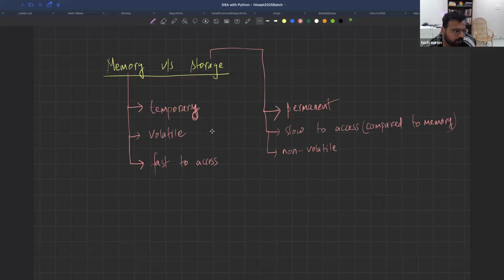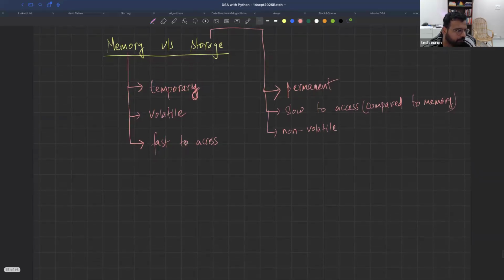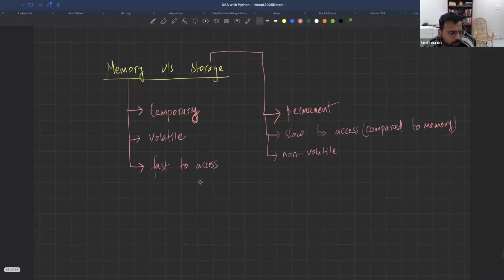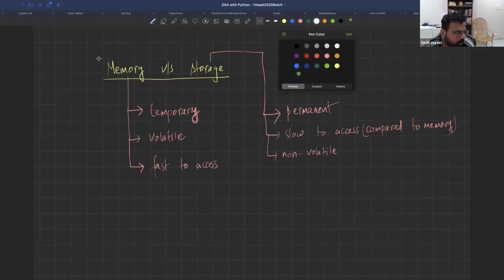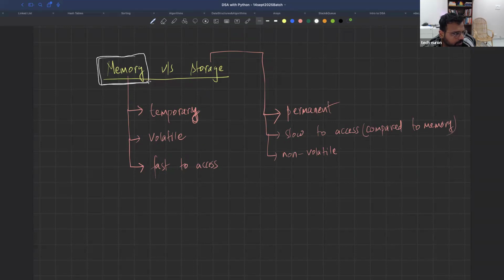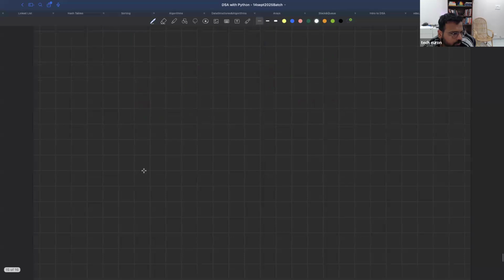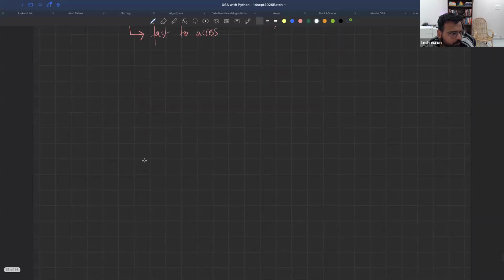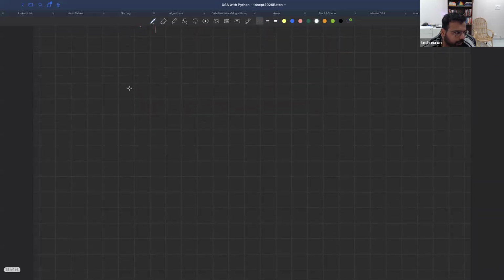Whenever we are working with any of our programs or we are talking about efficiency, we are talking about memory. This is the memory we are talking about most of the time. We'll learn about how this memory is actually structured and whatever code we are writing, how it is interacting with the memory. So in memory, the most primitive way, like I started our discussion when I said that we want to solve real world problems and we want data to solve those problems.